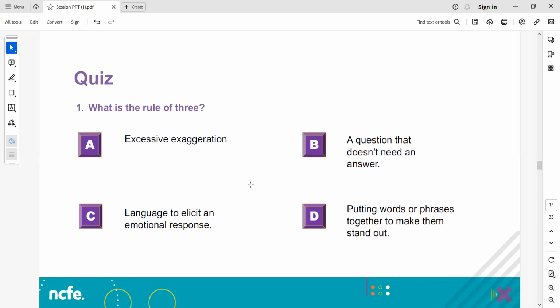Okay, so what is the rule of 3? Is it excessive exaggeration, a question that doesn't need an answer, language to elicit an emotional response, or putting words or phrases together to make them stand out?